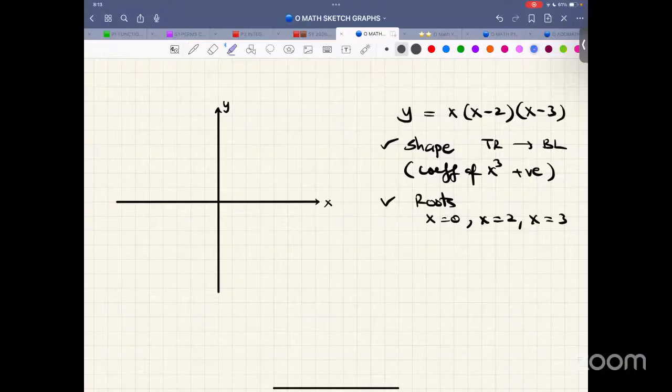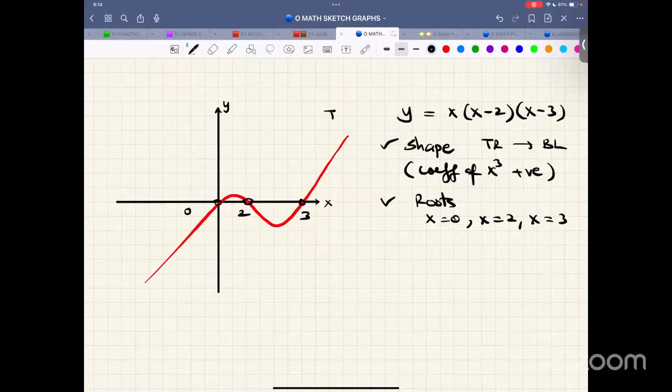So now, let's draw it. And let me choose a thicker marker. So red one. No, my bad. Like this. It has to pass through 0. It has to pass through 2. It has to pass through 3.